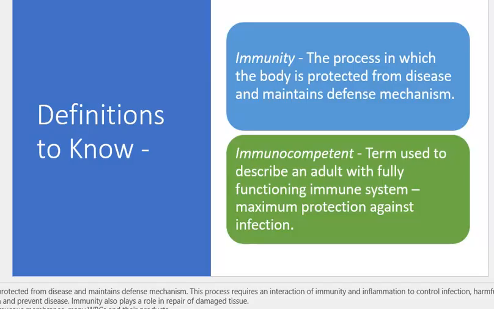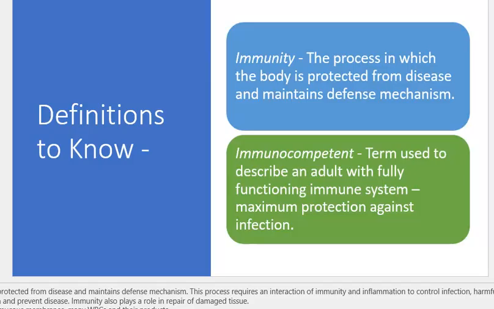Immunocompetent is a term used to describe an adult with a fully functioning immune system. All parts and functions are working, maximum protection against infection. Otherwise, they'll have decreased immunity. Decreased immunity can be temporary or permanently endanger one's health.